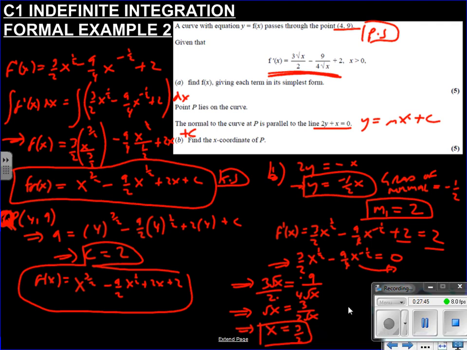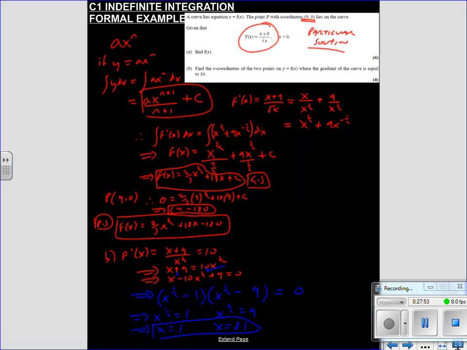Okay, so just realize, folks, so remember this is your particular solution now. That was your general solution. I just realized on the previous example, hopefully you spotted this, that actually when I was rearranging I should have a half here. So that's 18x to the half, so that's a half, and therefore C isn't minus 180.